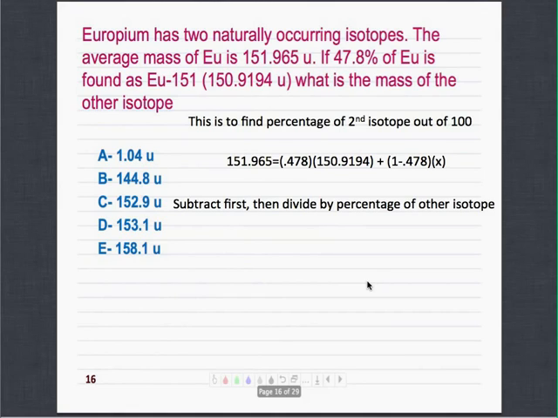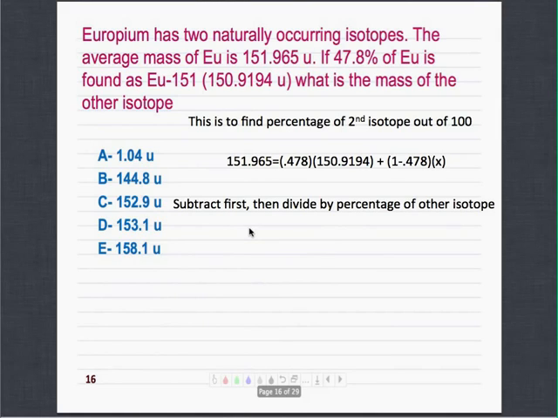And then plug in the numbers in the equation. 151.965 u equals 0.478 multiplied by the mass that is provided for europium 1, plus 0.522 times X, which is the mass of Eu2, so this is what I'm looking for.